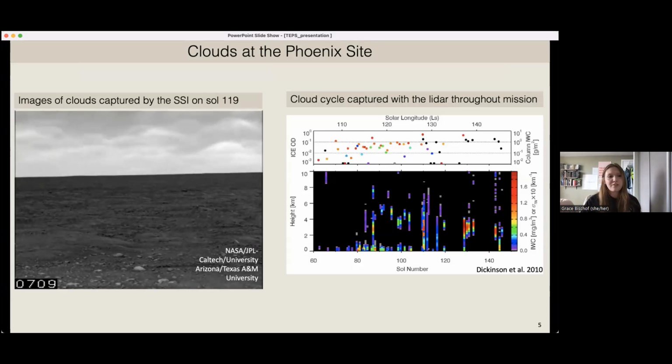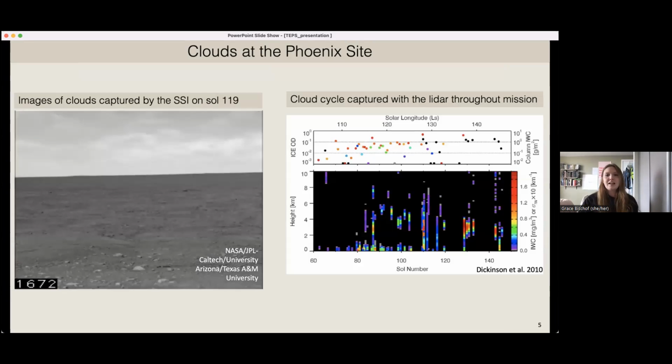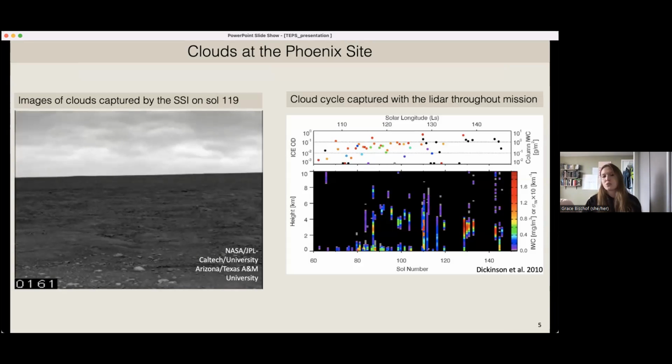So this image on the left is images of clouds captured by the SSI in Sol 119, and you can see them nicely drifting across the screen there. And the LiDAR was a really essential tool actually for finding out cloud information throughout the mission. So this is LiDAR data from Dickinson et al. 2010, where they were able to piece together a cycle of water ice clouds.